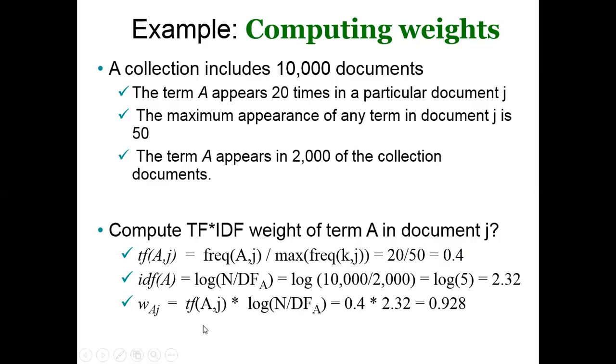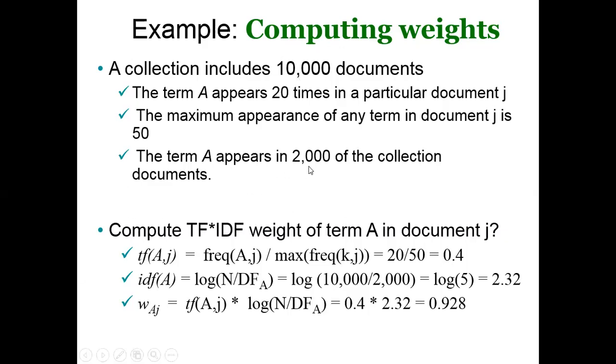Then the inverse document frequency, which is dependent on the inverse of document frequency. The inverse of document frequency is logarithm of the total number of documents over the document frequency of A. That means the total collection over the number of documents containing term A. Take the logarithm of that. 10,000 documents are available in our collection as per the given information.